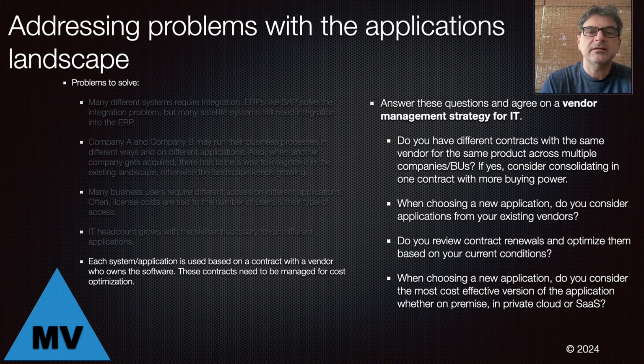If yes, consider consolidating in one contract with more buying power. When choosing a new application, do you consider applications from your existing vendors? Do you review contract renewals and optimize them based on your current conditions?